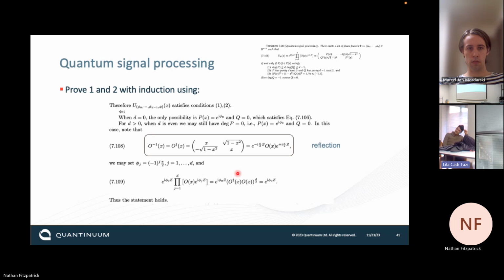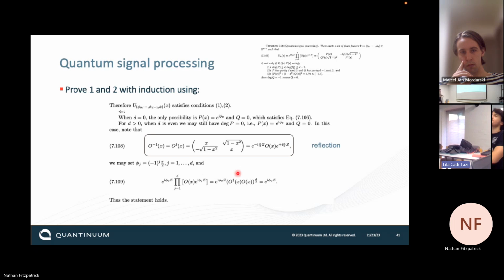So here is the base case, right? So the possibility of P equal to phi and Q equal to 0, that's just an RZ rotation, right? So that's P equals to, as D equals 0. So the infinite sequence is this one, when D is even.